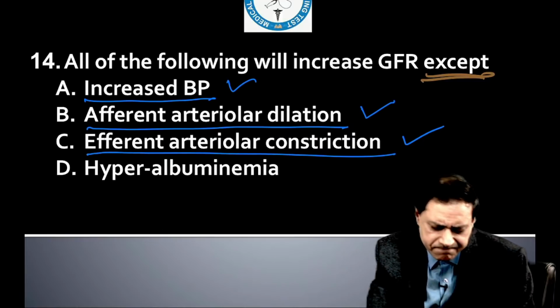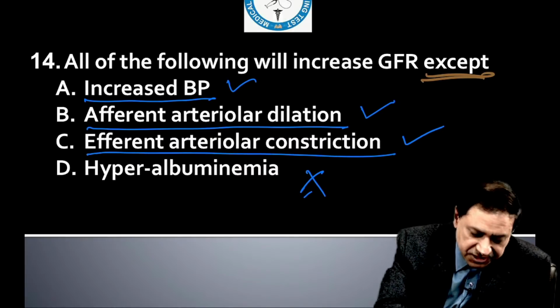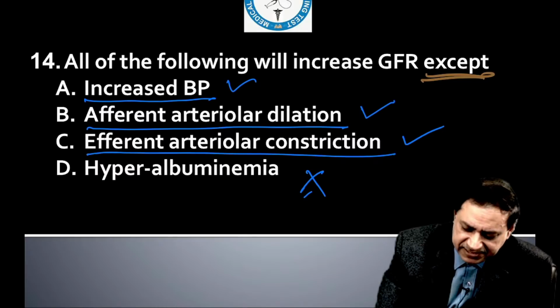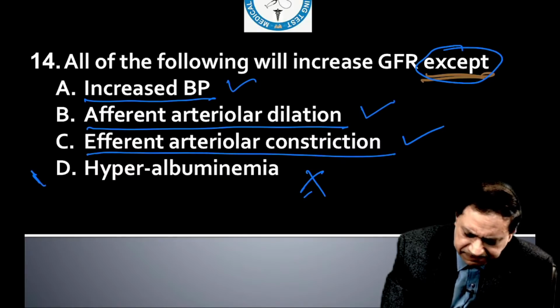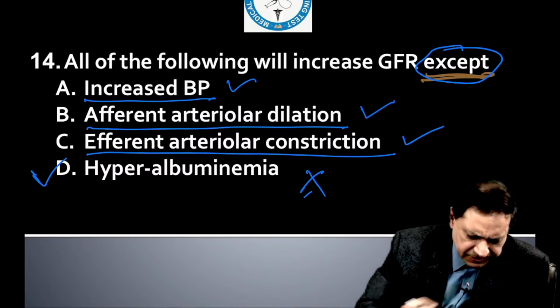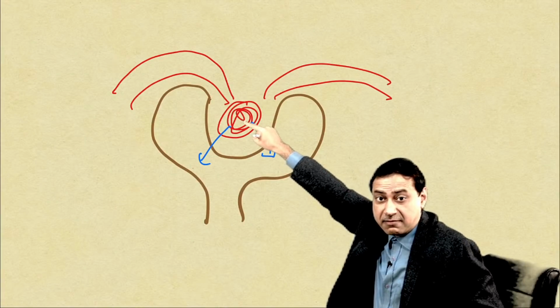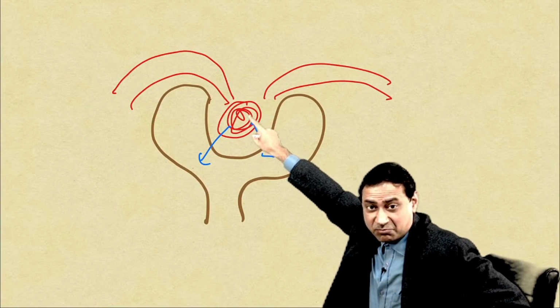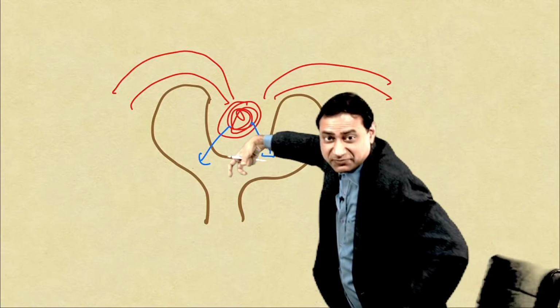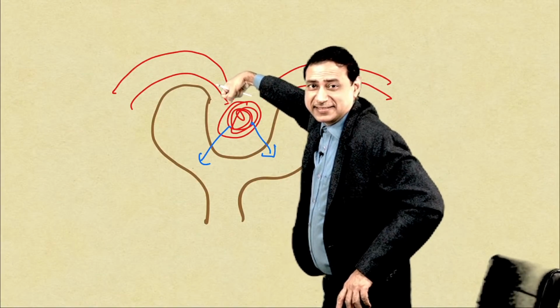Hyperalbuminemia. Okay, GFR will fall. Except. This is the answer. If albumin here is increased, more protein, so that will pull the plasma in this direction.